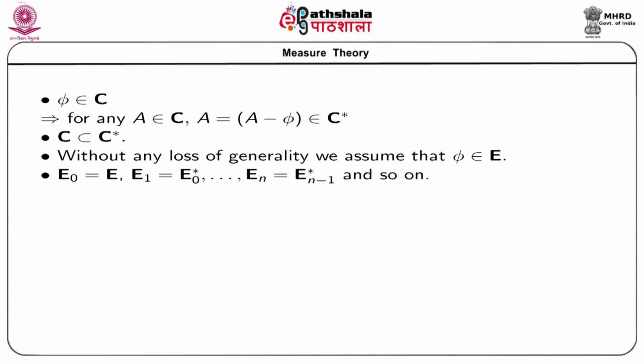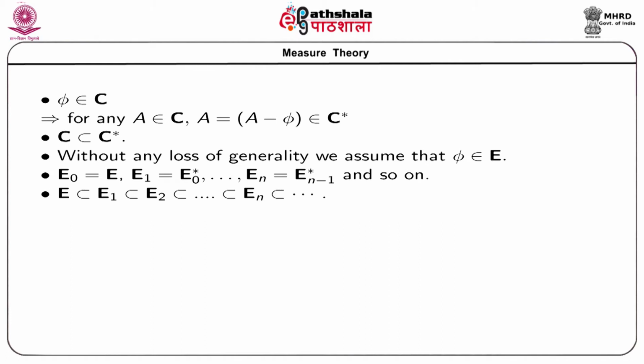Now, let us define inductively a class of sets in this way: E0 equal to E, E1 equal to E0 star, En equal to En minus 1 star, and so on.